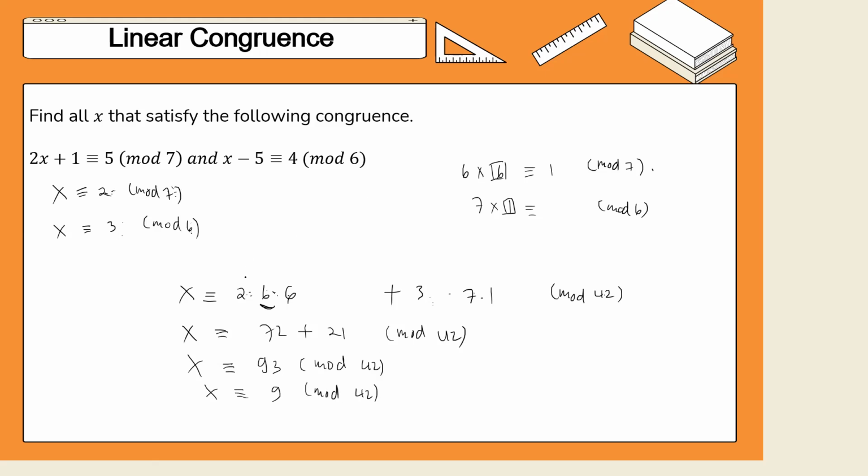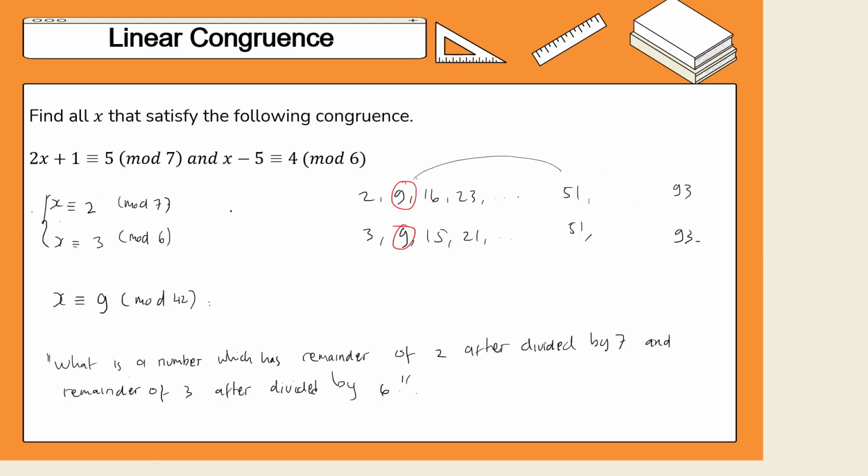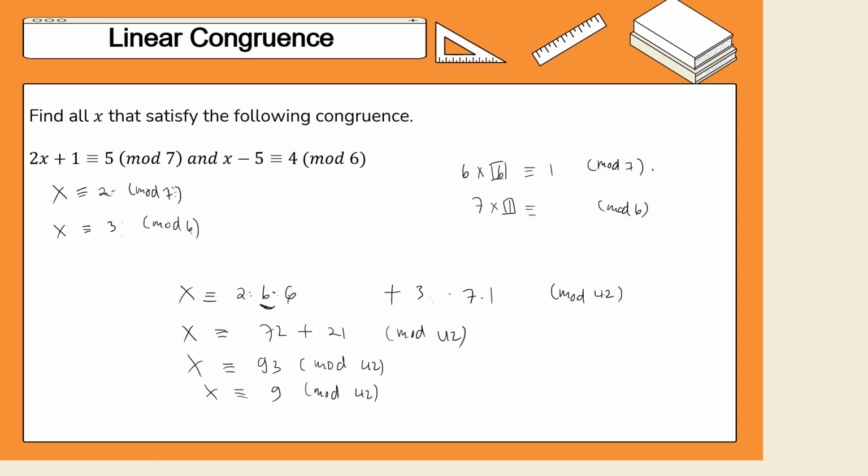Now, this is an example of applying Chinese remainder theorem when there are 2 congruences involved. Okay, you see that the method before is shorter, faster compared to this one.